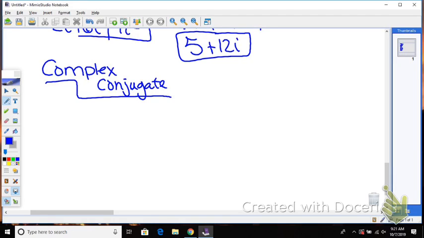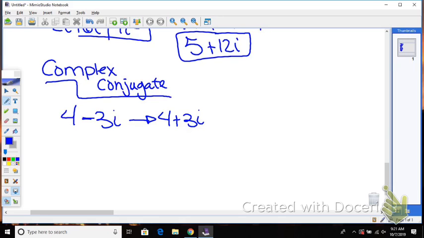Today we're not dividing, I'm just going to introduce this to you and then we'll work more with it tomorrow. But if I have 4 minus 3i, to find its complex conjugate, you change the sign only in front of the imaginary number. So if I have 4 minus 3i, its complex conjugate is 4 plus 3i.